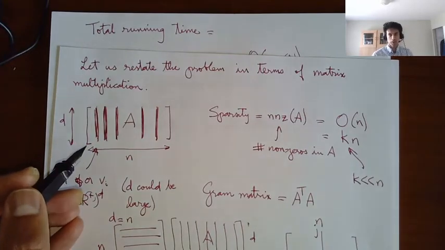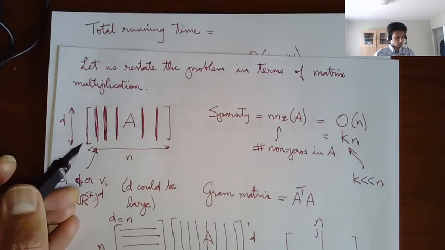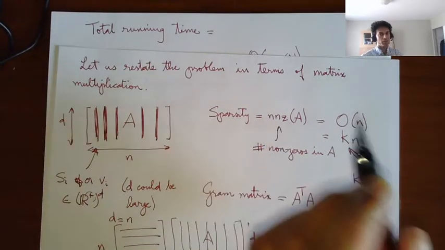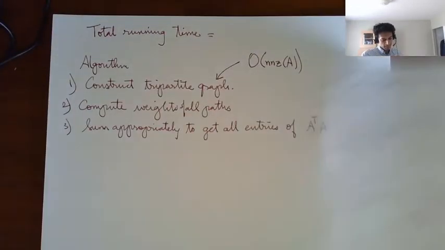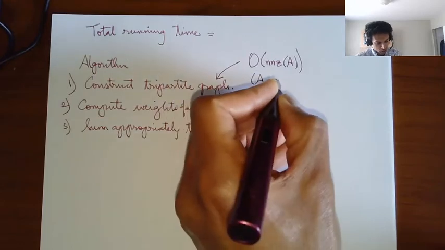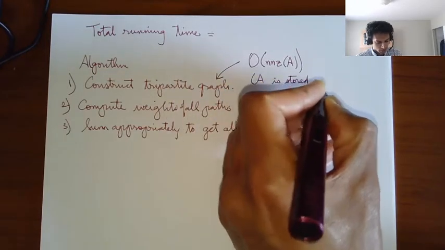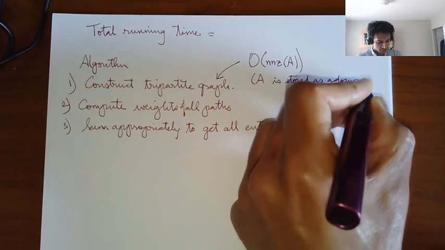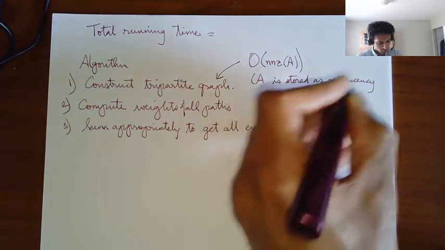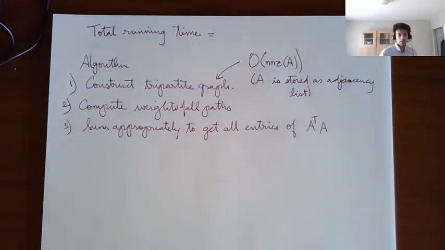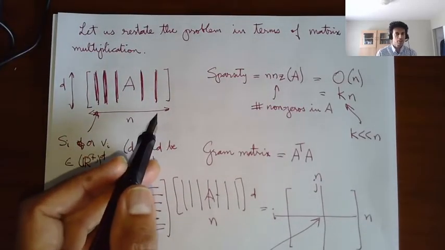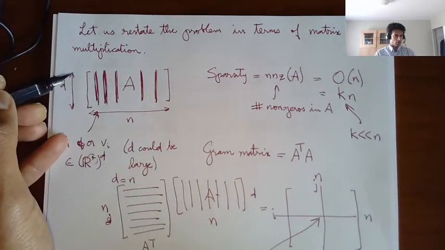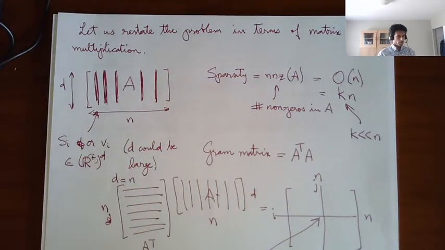Basically, this is giving you the adjacency list representation. Now there are some questions as to how exactly you have stored the matrix. But if you store the matrix as an adjacency list, so this is nnz(A), and assume A is stored as an adjacency list. Remember, this is fundamental. In a lot of machine learning applications, you will have millions to billions of items with potentially millions to billions of features.